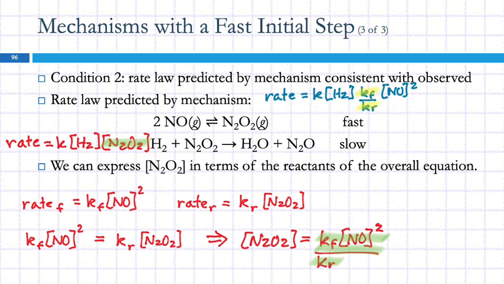We're going to take all three of those and call it K prime, is equal to that original K times KF over KR. So the rate is equal to a constant times H2 times NO squared.